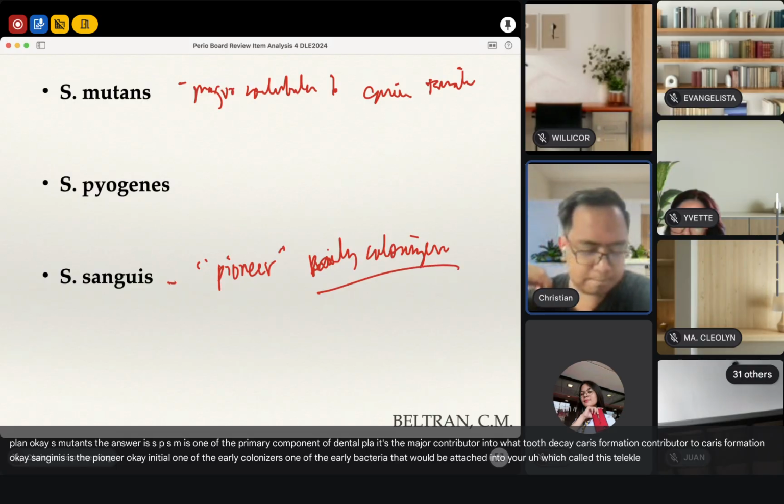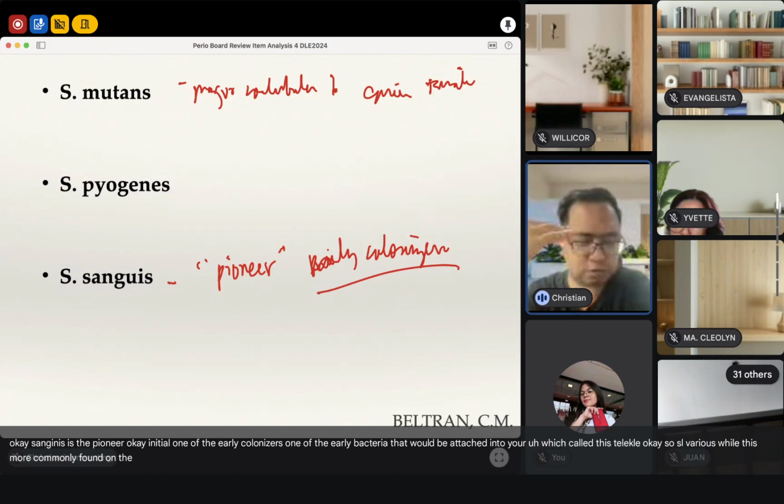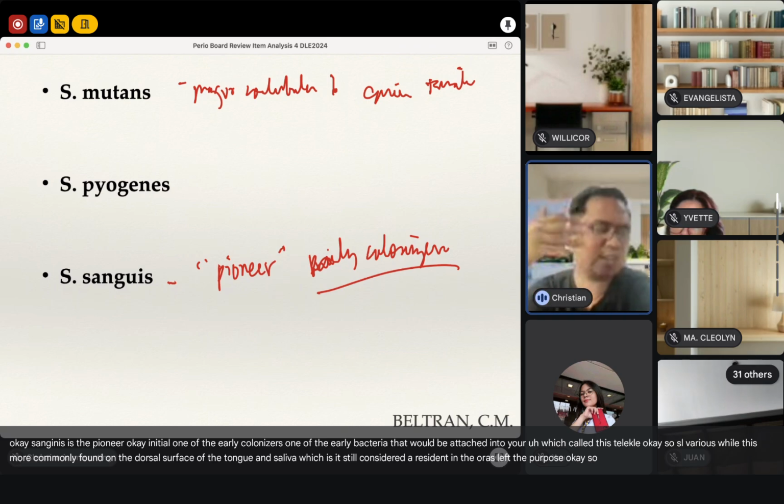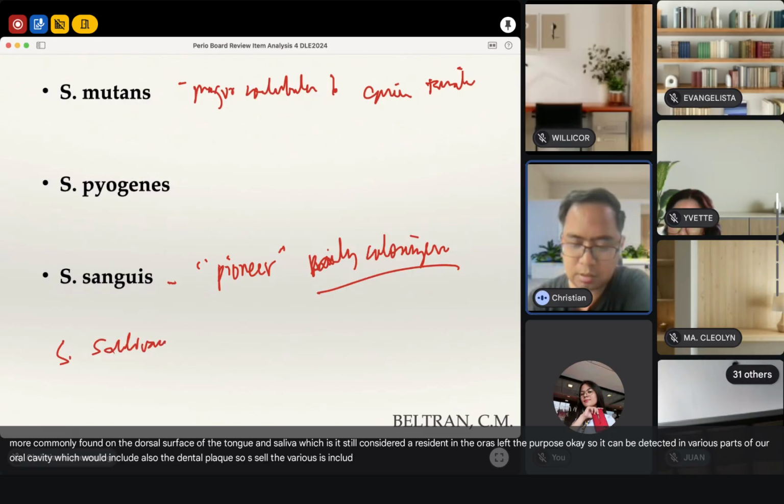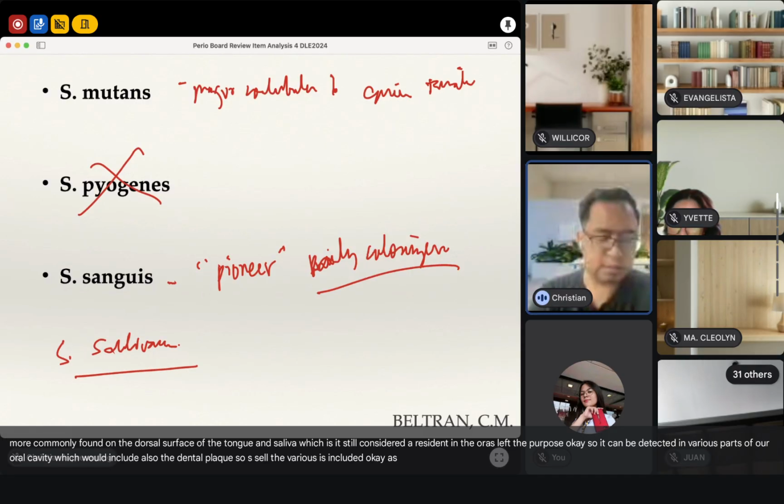Pellicle. Okay. S. salivarius, while it is more commonly found on the dorsal surface of the tongue and saliva, is still considered a resident oral streptococcus. So it can be detected in various parts of our oral cavity, which would include also the dental plaque. So S. salivarius is included. Okay, S. pyogenes is not included. Right?